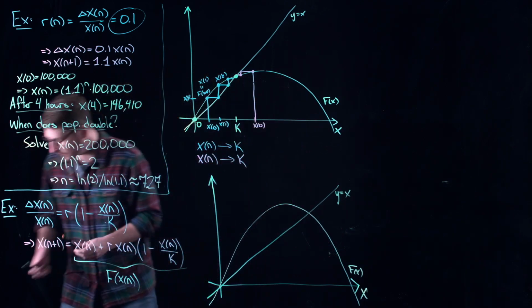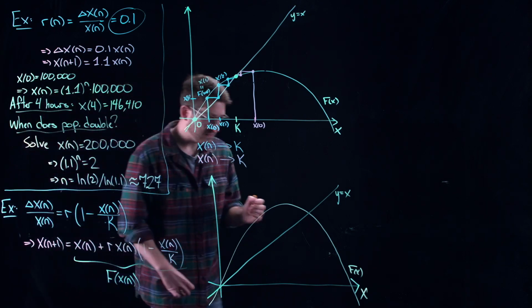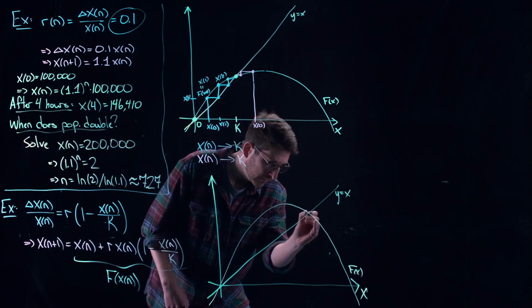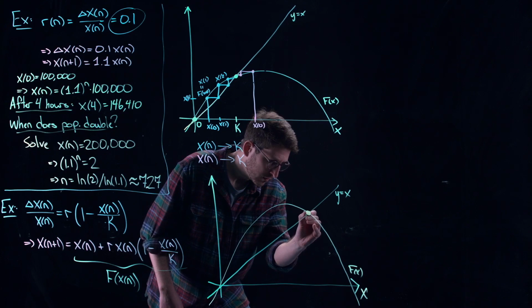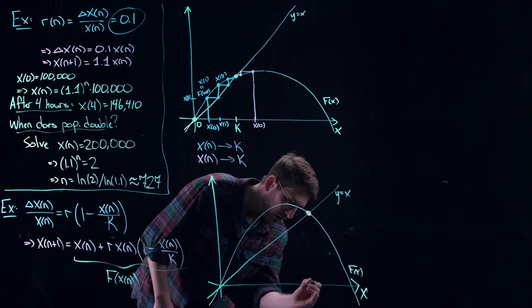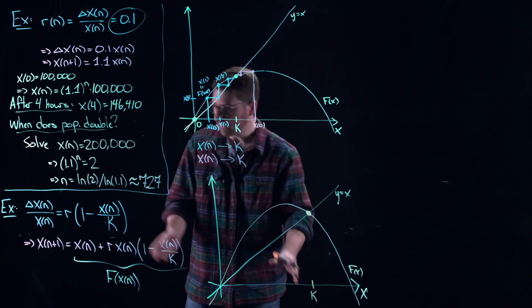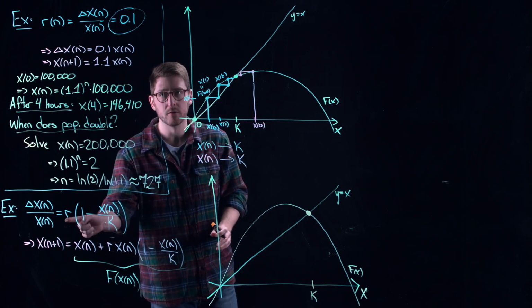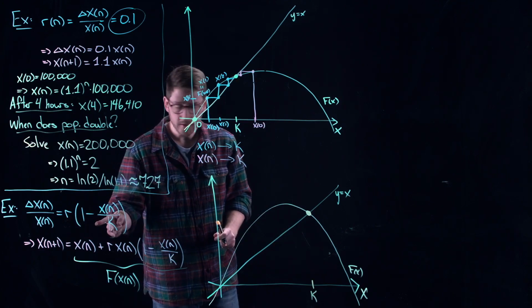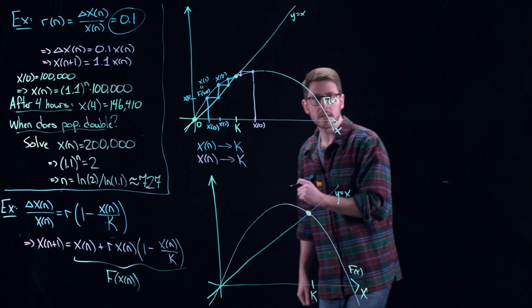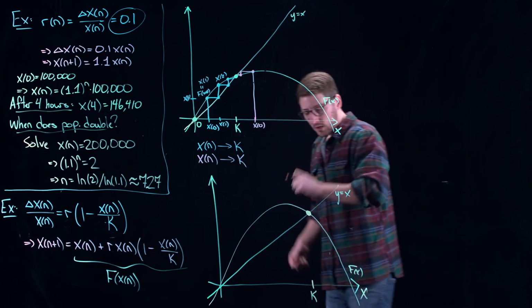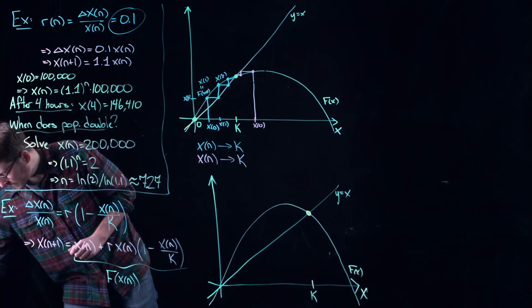Now you can see that my carrying capacity is way over here. So I've still got the equilibrium. That never changed. It doesn't matter what the value of r is here, the carrying capacity always persists as an equilibrium. The question is, what happens to the dynamics?